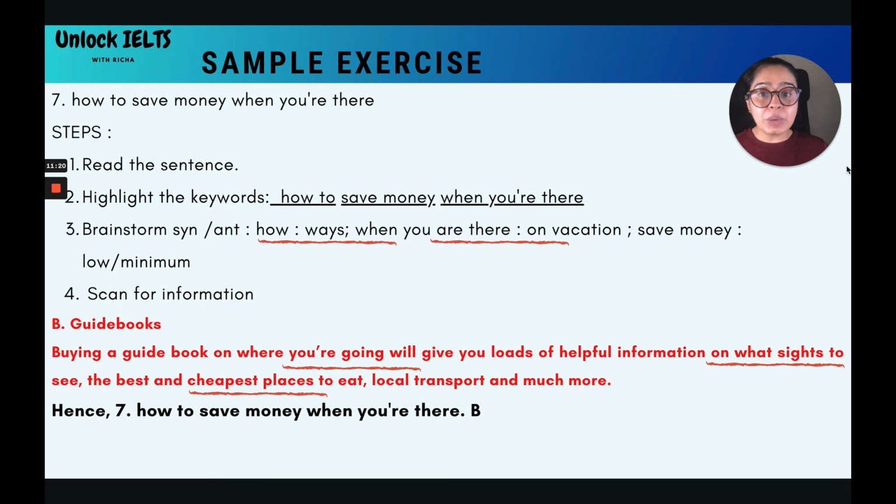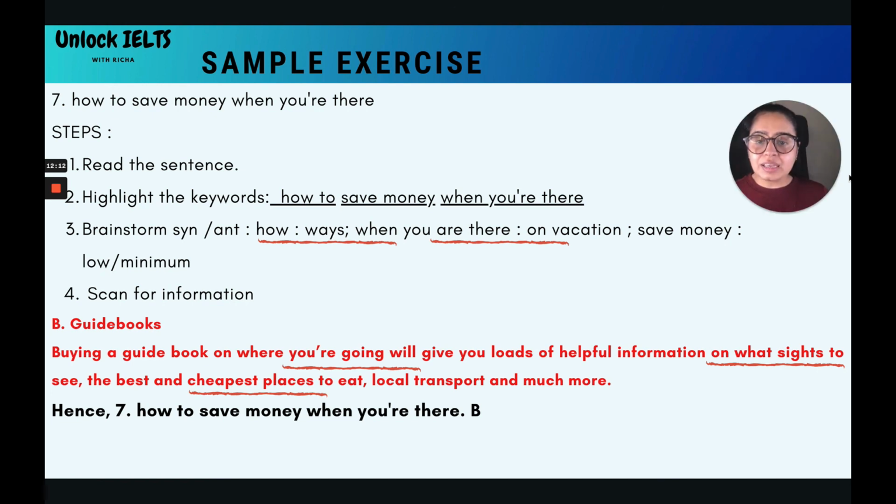After going through the keywords and brainstorming all the synonyms, I have picked up paragraph B. And clearly, paragraph B says, buying a guidebook on where you're going will give you lots of helpful information on what sites to see, the best and cheapest places to eat, local transport, and much more. Hence, for the seventh sentence, paragraph B is the apt choice. Therefore, the answer for the seventh sentence is capital B.